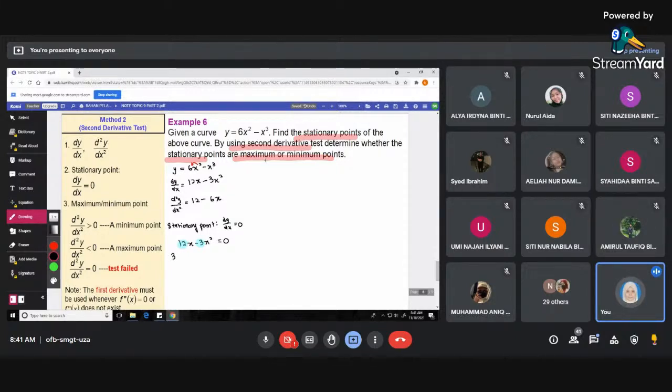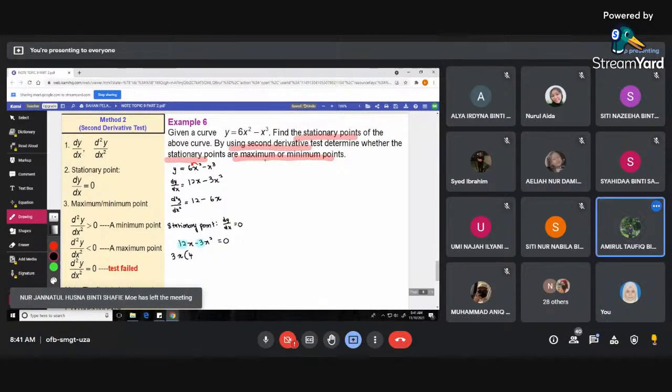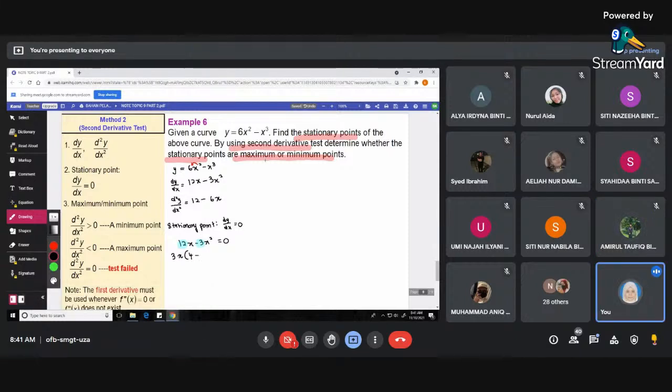Lepas tu x dengan x square, apa yang sama nak keluarkan? X kuasa 1. Lepas tu dalam ni nak tulis apa? Kalau sini 12x, kita dah keluarkan 3, jadi 4. Lepas tu tolak. Keluarkan 3, x kuasa 2 di sini kita keluarkan x, tinggal x.